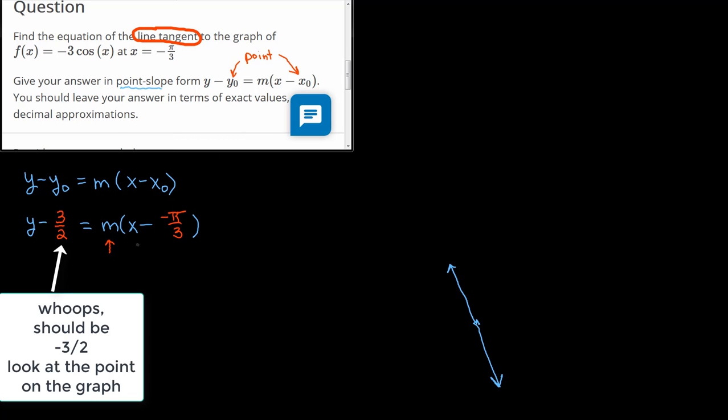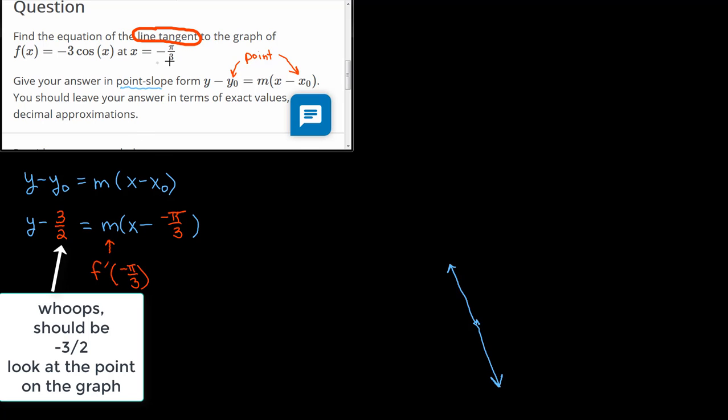So that m is going to be the derivative, or more specifically, m is going to be f prime evaluated at negative pi over 3, because the derivative function is the function that, if you tell me x, returns the slope of the tangent line at that x.